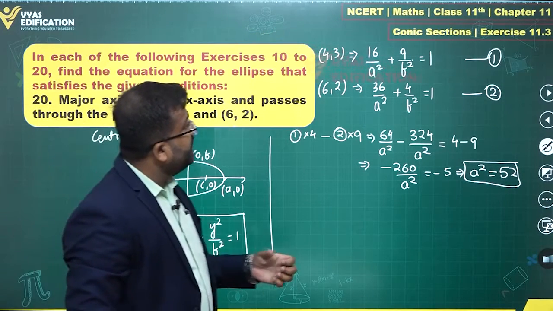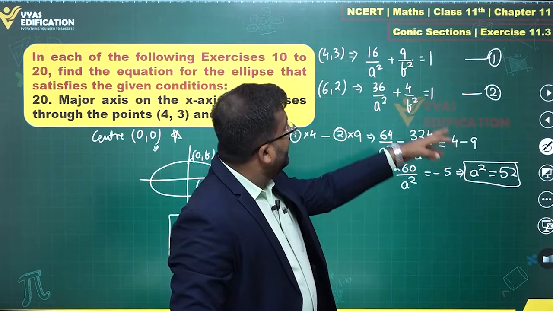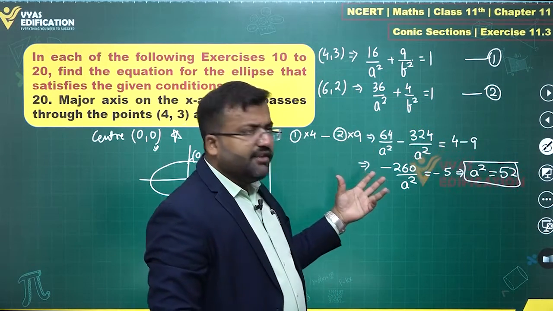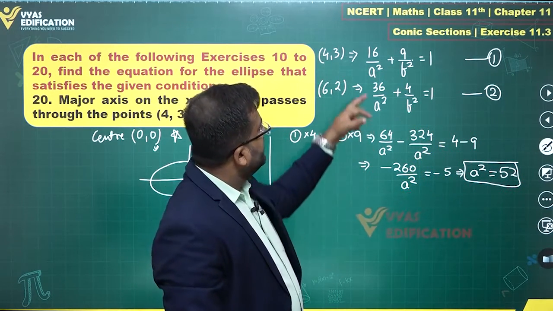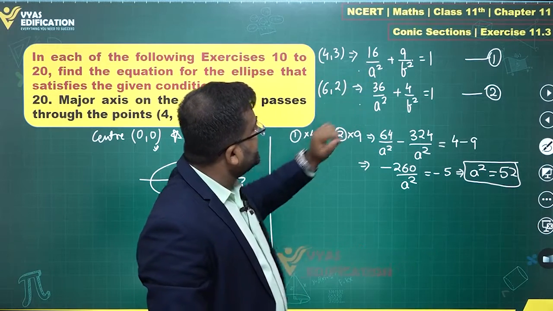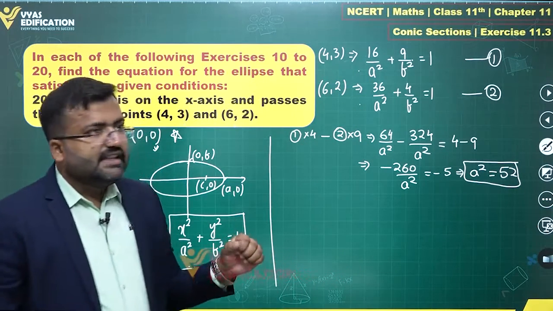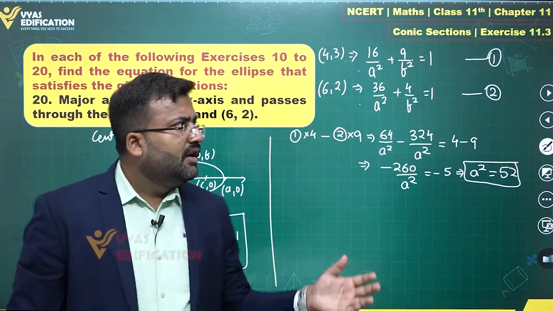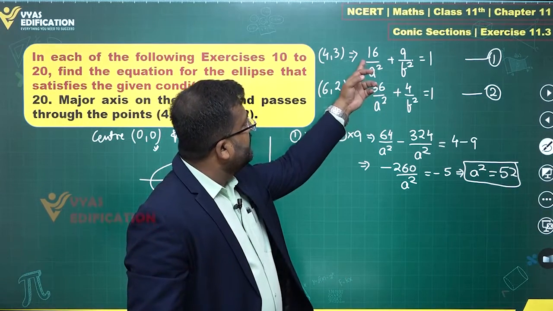So for finding b square, we can use this a square in any of these equations, or we can use a similar kind of elimination as well, right? So eliminate this a square. LCM of 16 and 36. Okay, 16 and 36, the LCM will be 144. This has to be multiplied by 4, this has to be multiplied by 9.